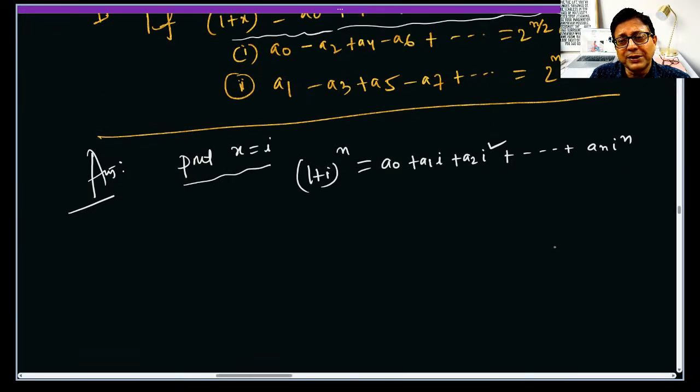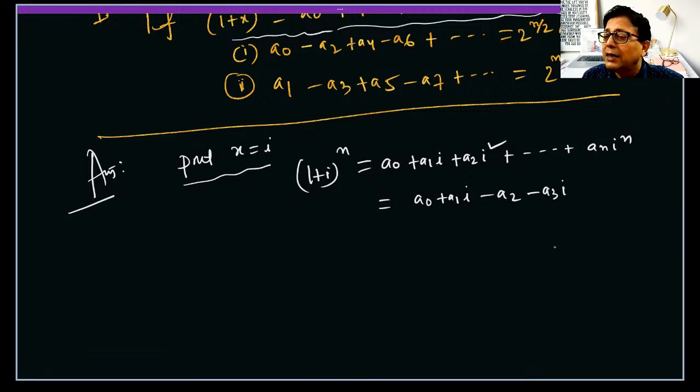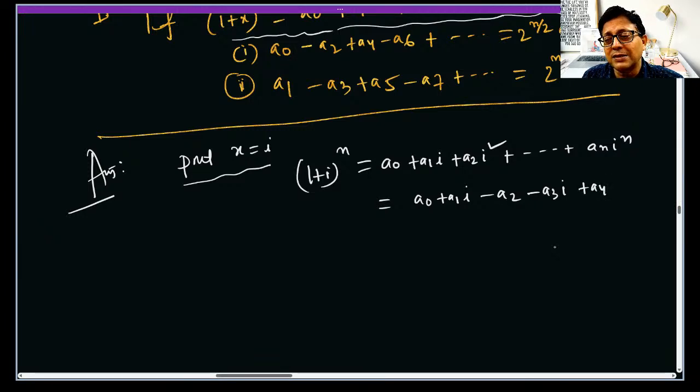You can change it into trigonometric form. The right side is what? A0, A1I. The next one is A2I squared, A3I cubed, I cube is minus I, A4I to the power 4 plus, and it continues in this manner. Left hand side is what?